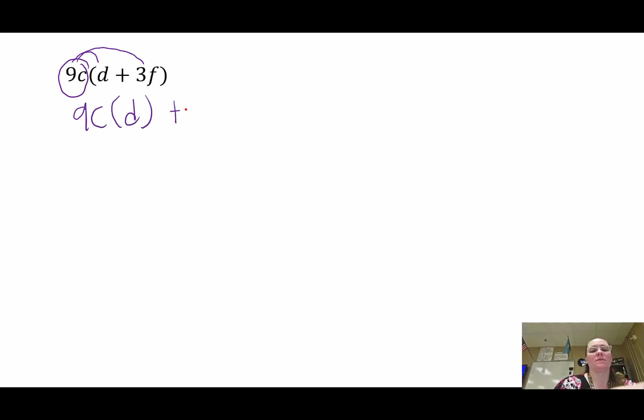All right, last one I want to talk about is this one here, 9c times (d plus 3f). So I'm distributing 9c. So I'm going to take 9c times d and 9c times 3f. All right, so here we're going to look at if we have coefficients, those multiply together.